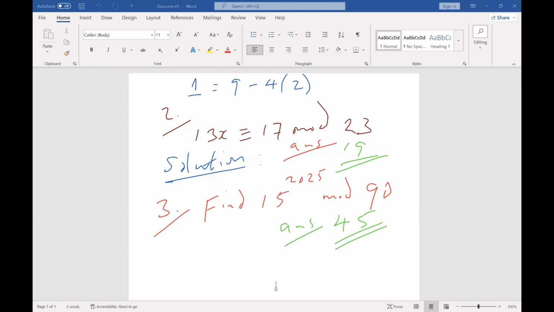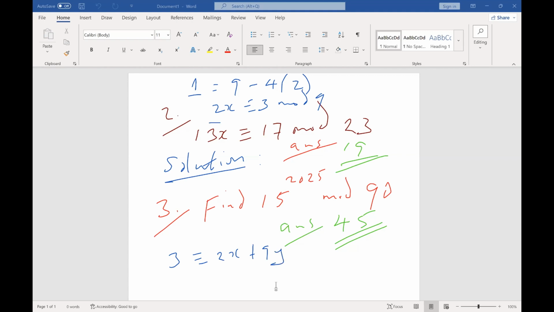The question that we were given was 2x is congruent to 3 mod 9. And we said what this question means is that 3 can be written in terms of 2 and 9 as 2x plus 9y.